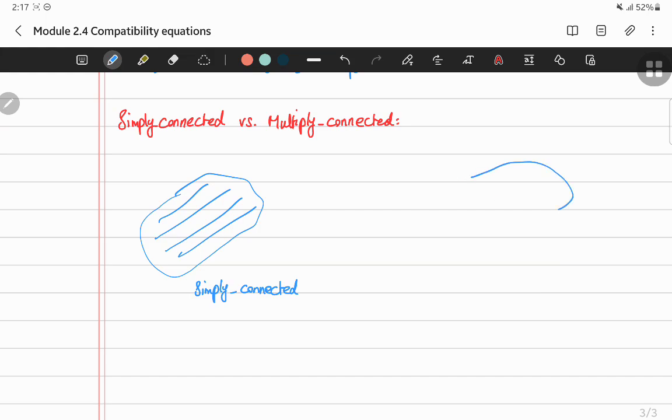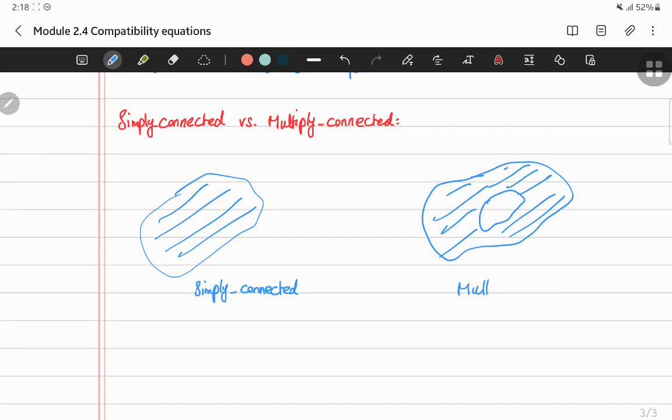But a multiply connected domain basically includes an irregularity, something like this. Or it may also include some other irregularities.